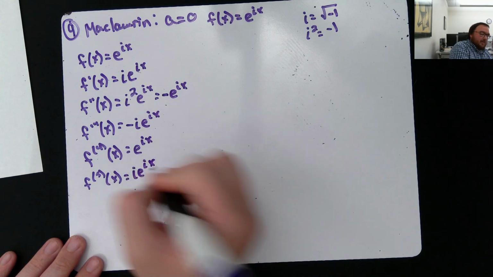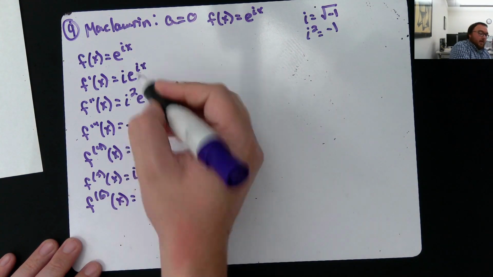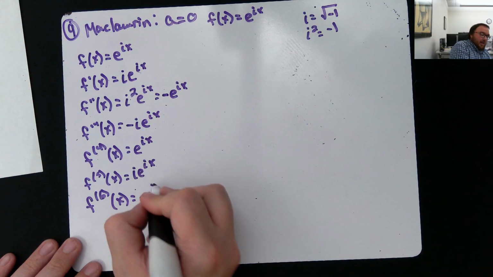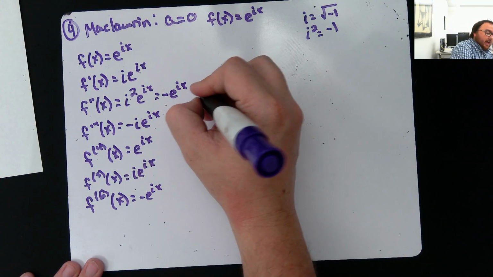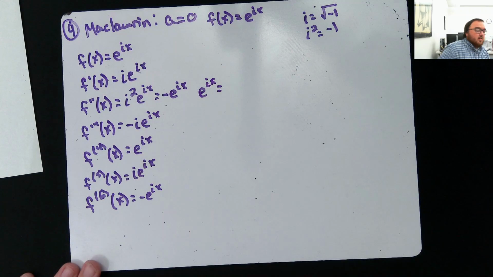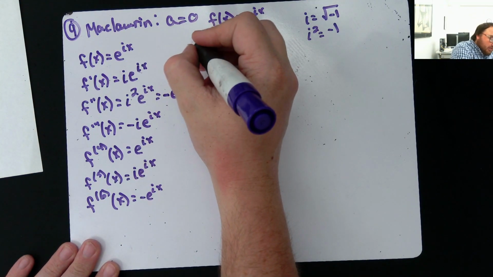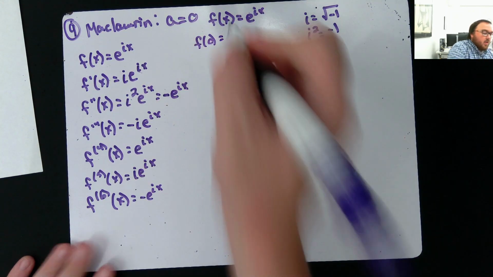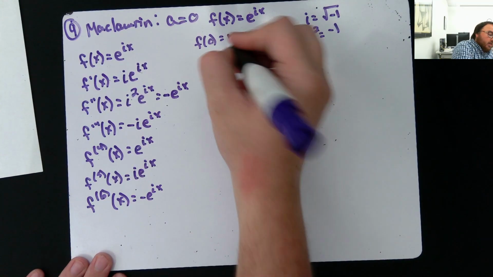i e to the ix. For the sixth derivative, I would do it again. My next one was negative e to the ix, and it would just keep going on and on. So the Maclaurin series for e to the ix, my first term, I have to plug in the 0, forgot to do that. e to the power of 0 is equal to 1.